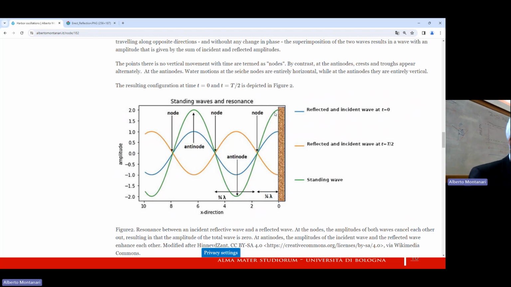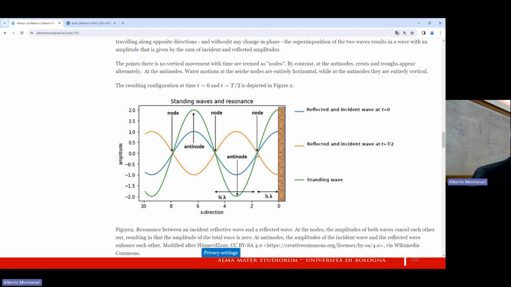So what is the result? The result is what you have seen in the tank in the video before. You have what is called a standing wave. It's a wave with twice the amplitude, with crest to crest, through to through, which means twice the amplitude.